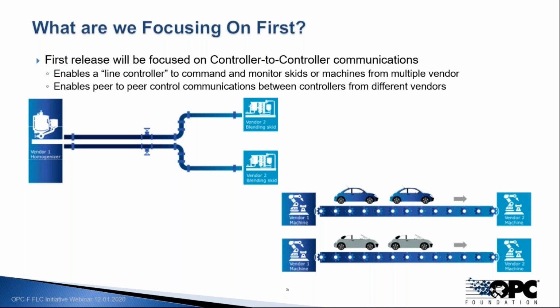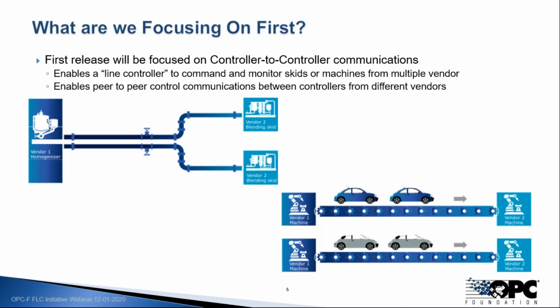But we're doing this in such a way that the capabilities we're setting up, the mechanisms we're defining, and the information models we're defining are going to be extendable in a very straightforward way to address controller to device and device to device communications. The same approach will be used, the same sorts of models will be used.